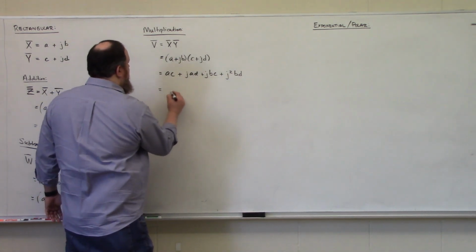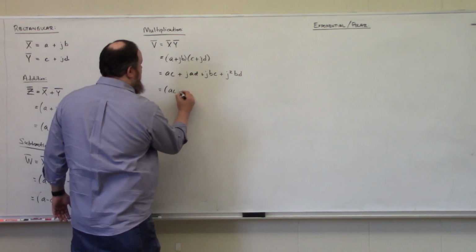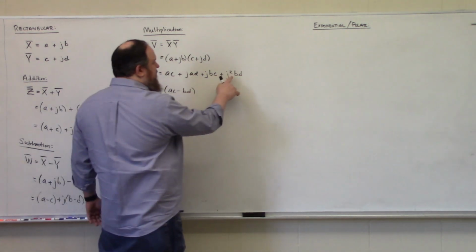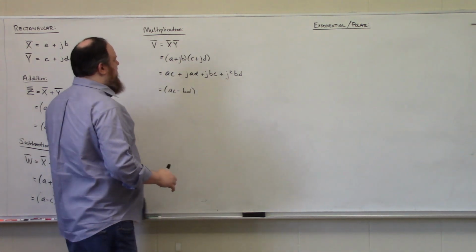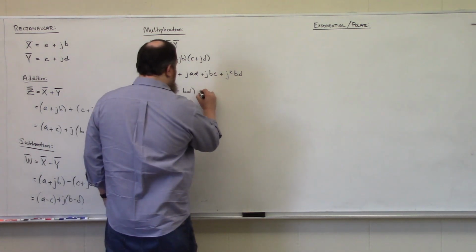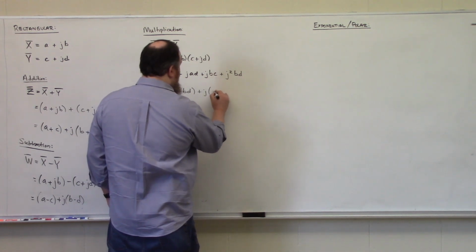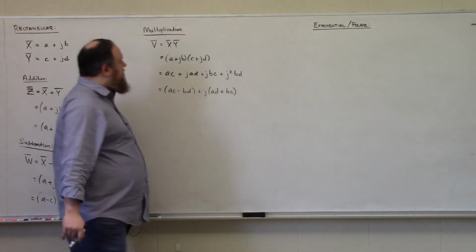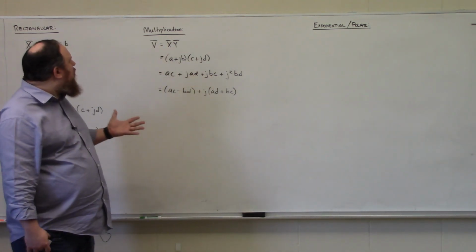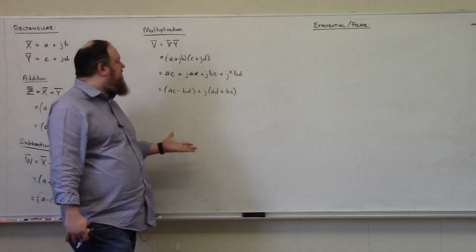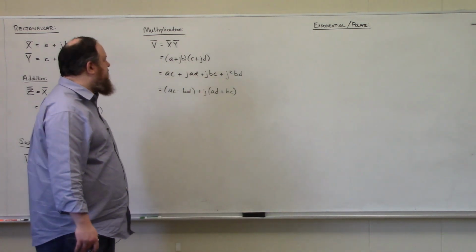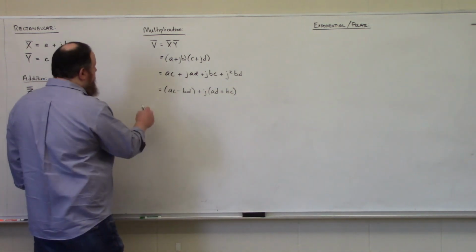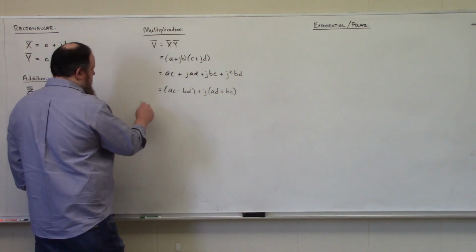So what we'll find is that we will have AC minus BD, where this minus sign is coming from us adding j squared multiplied by BD, plus j AD plus BC. So again, it's not wildly difficult by any stretch of the imagination, but there is a little bit of nuance that comes in because we have this j squared term. Division is going to seem a bit awkward.